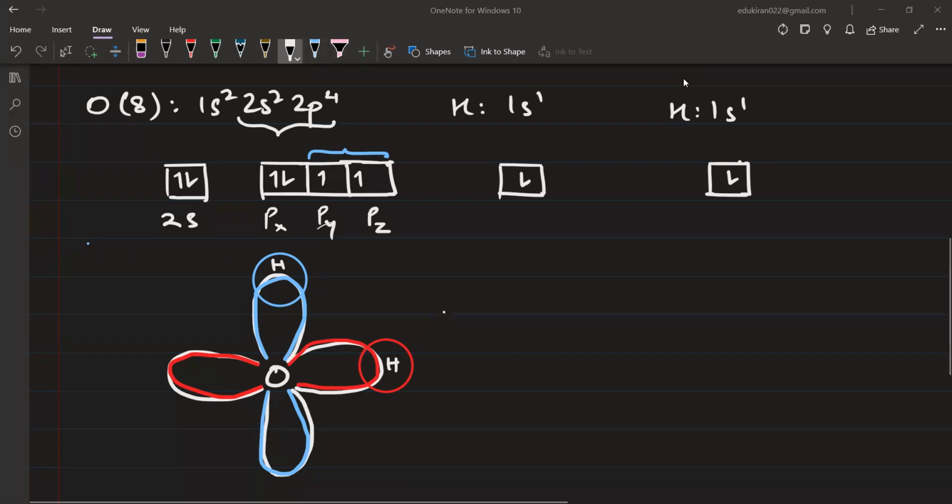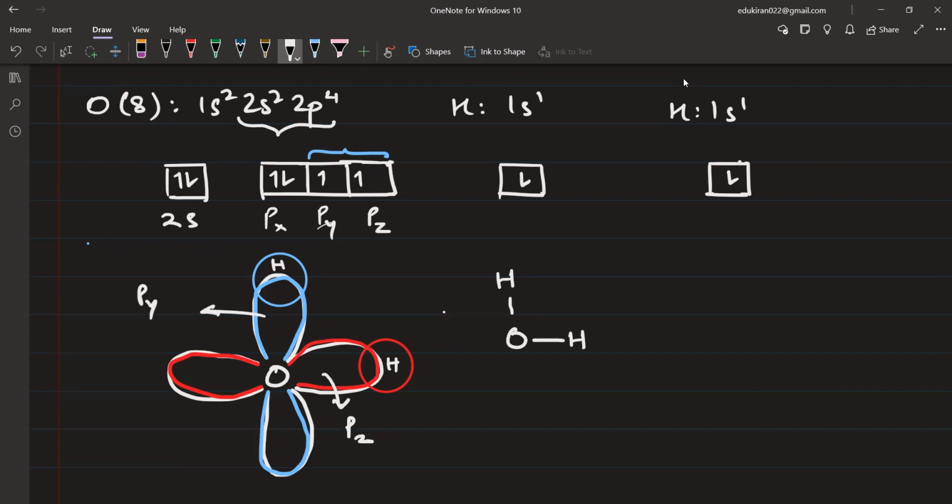And see, it is 90 degrees. This is going to be Pz, and this is going to be Py. Pz and Py will be having an angle of 90 degrees. So what the valence bond theory is saying is that the angle that we are going to have here is going to be 90 degrees.